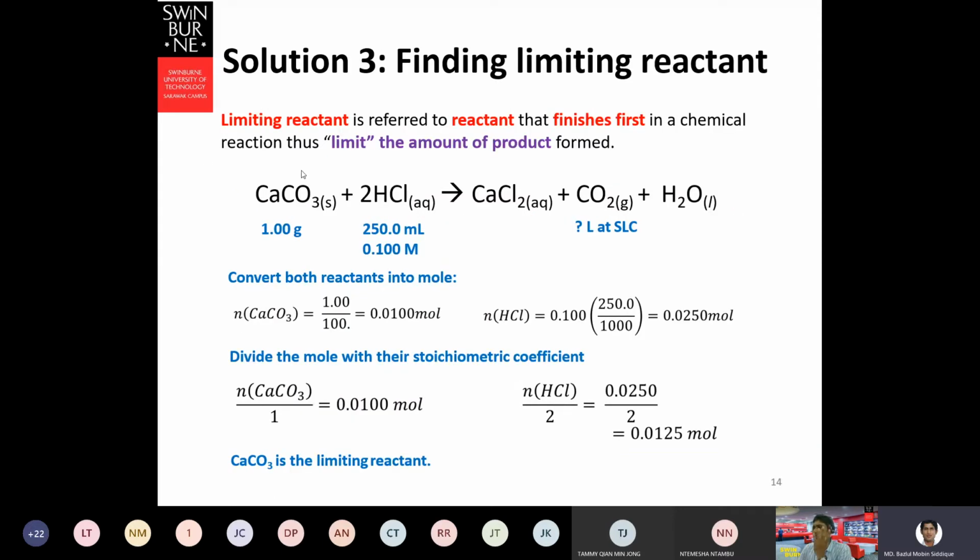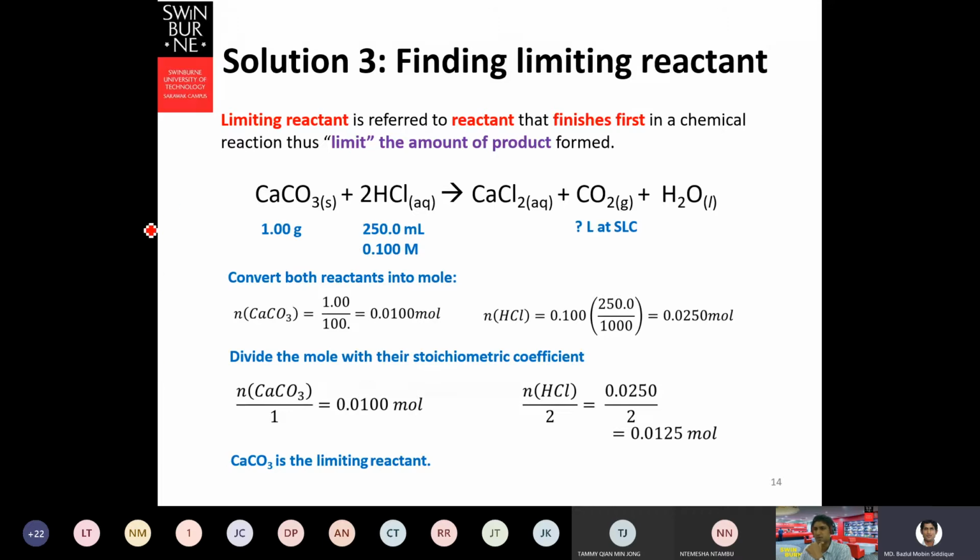We do not assume which one is limiting or excess. We just calculate first. 1 gram of calcium carbonate, and the molecular weight of calcium carbonate is 100. How do we do it? 100, because calcium is 40, right?